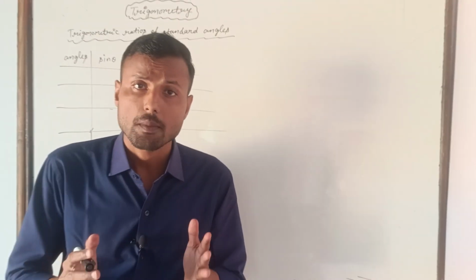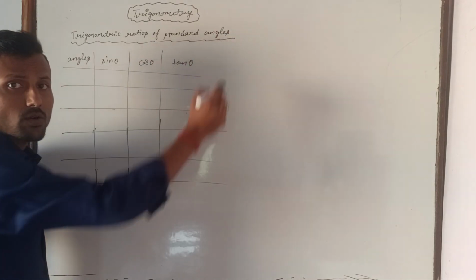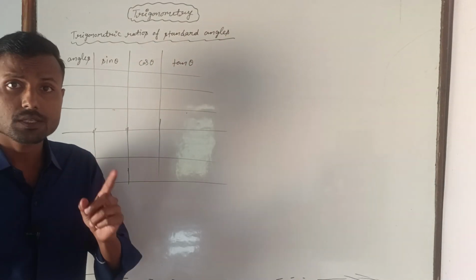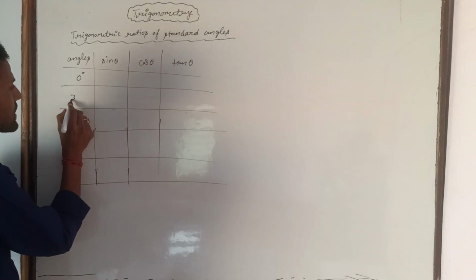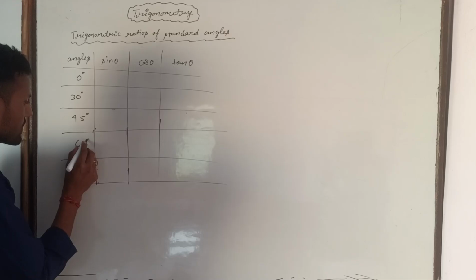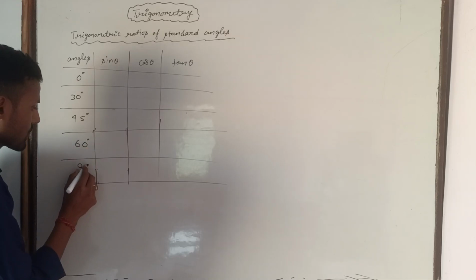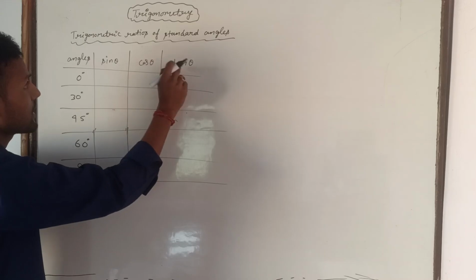Okay, so now let's talk about the trigonometric ratios of standard angles. For class 10th you must remember the values for 0 degree, 30 degree, 45 degree, 60 degree and 90 degree. Especially you have to remember sin theta, cos theta and tan theta.